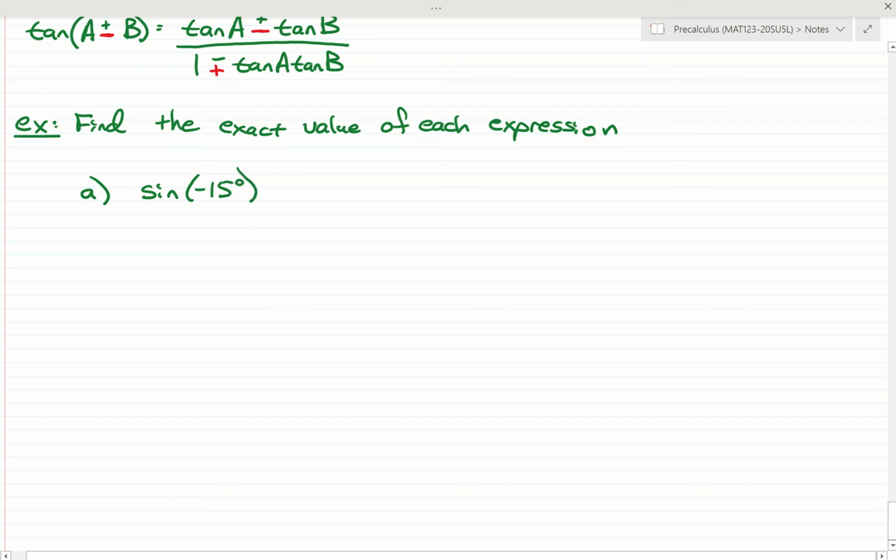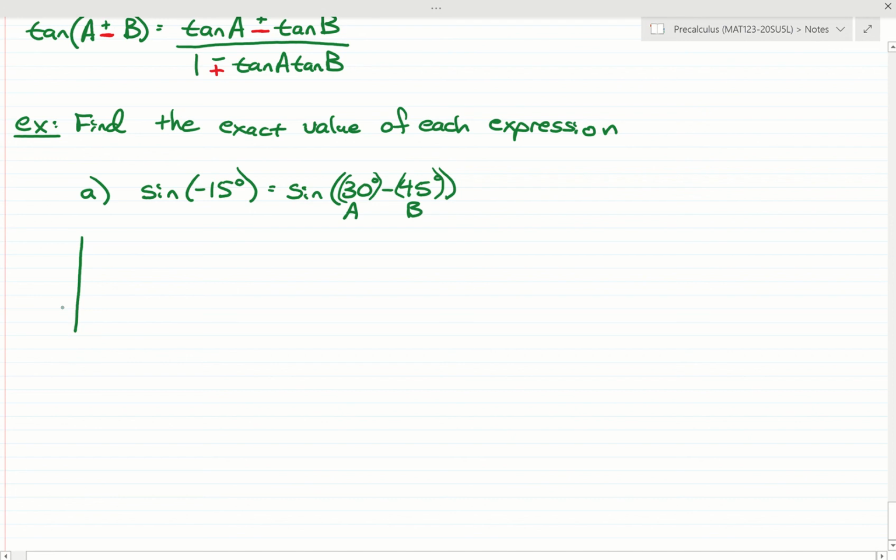How could you add or subtract those angles to get negative 15? Well, we could do the sine of 30 degrees minus 45 degrees. That would give us negative 15. In this case, A would be 30 and B is 45. So that sign just tells you what formula you're using. The actual angle isn't negative 45. The angle is just 45. So hopefully that clears things up.